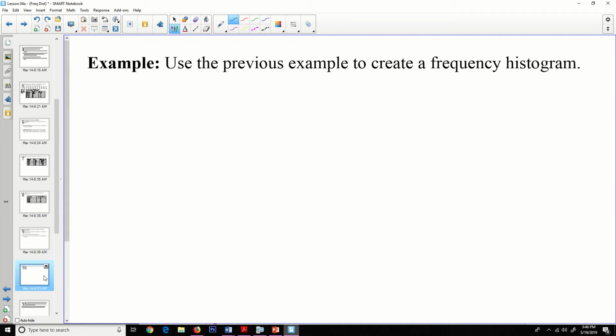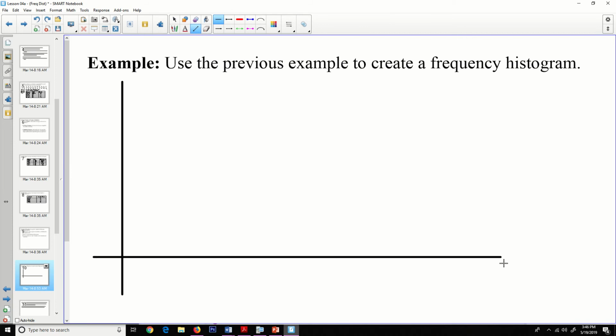Let's do an example. Use the previous example to create the frequency histogram. So again, we're going to make a scale here. And so along here, we're going to start. Our first one will be 64 to 72.